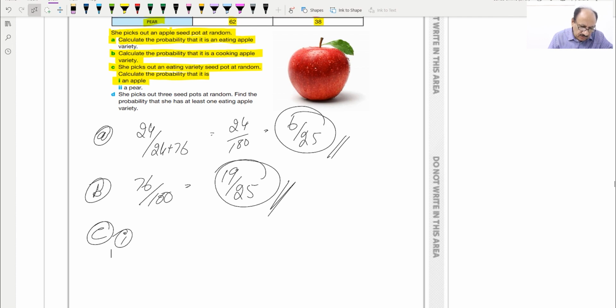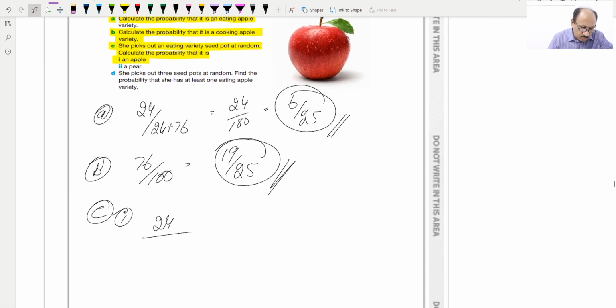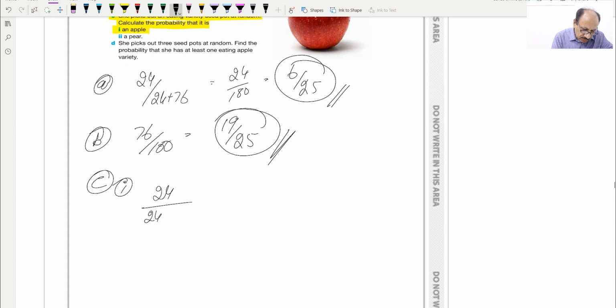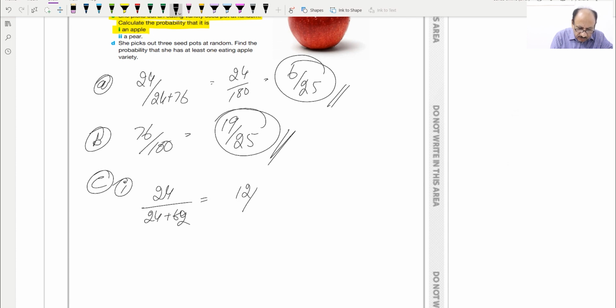We know these are 24 out of the eating variety, which is 24 plus 62. So we can write here 24 plus 62, and we can simplify this. 24 over 24 plus 62 results in 12 over 43. So 12 by 43 will be the answer for this part.